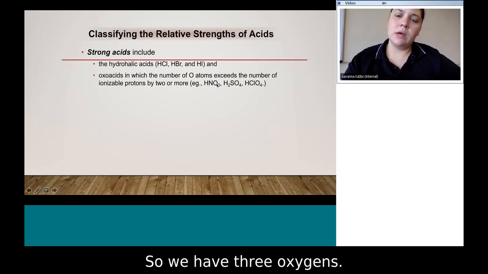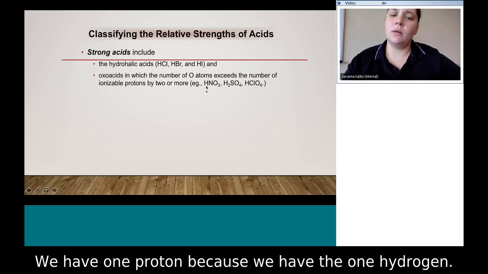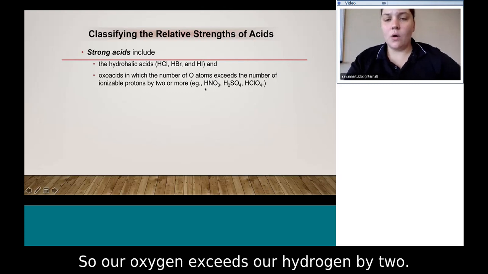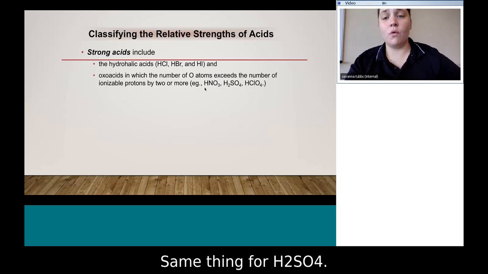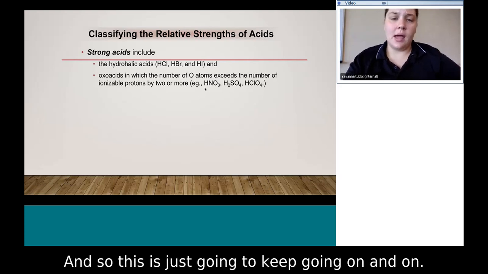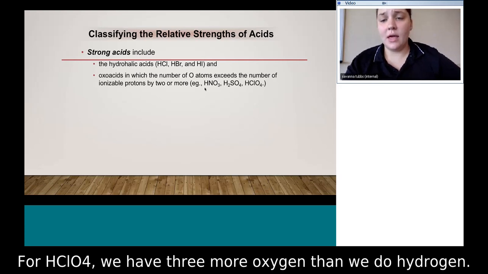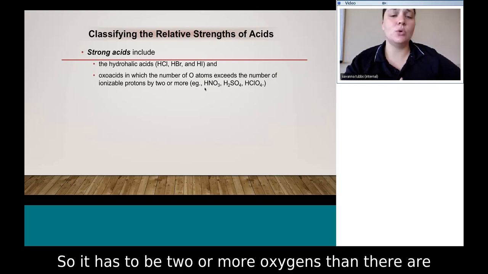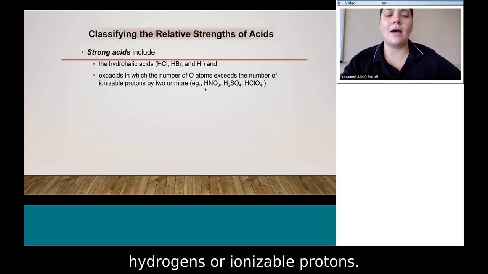We have 3 oxygens and 1 proton because of the 1 hydrogen, so our oxygen exceeds our hydrogen by 2. Same thing for H2SO4. We have 2 more oxygens than we do hydrogens. And this just keeps going on and on. For HClO4, we have 3 more oxygens than we do hydrogens. So it has to be 2 or more oxygens than there are hydrogens or ionizable protons.